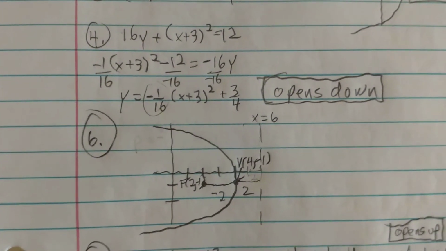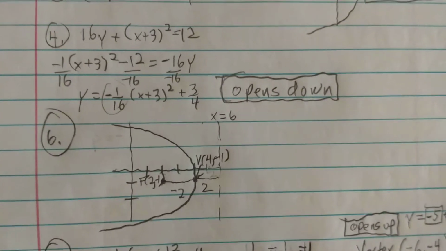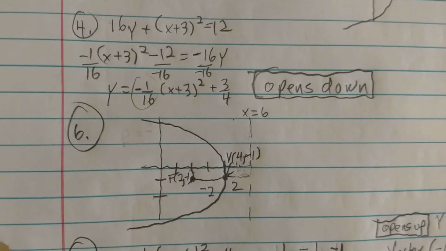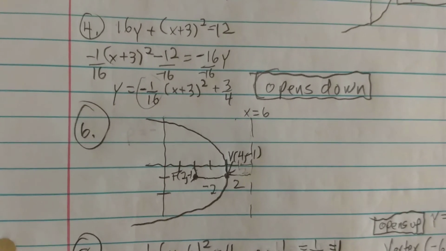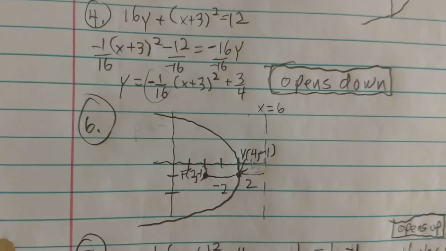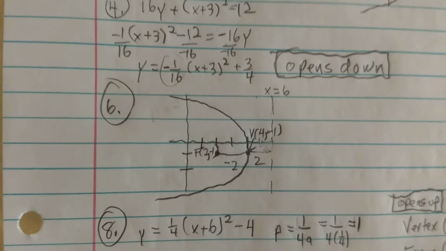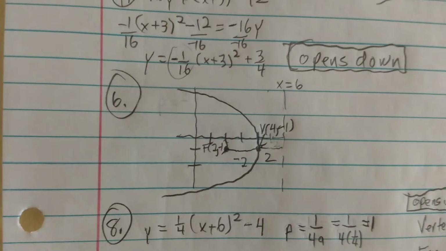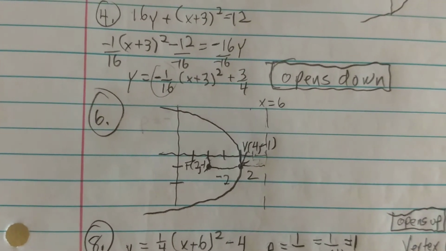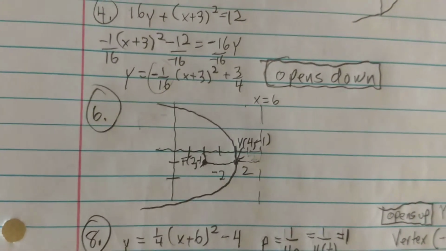Okay, for 14 we have 16y plus (x plus 3) squared equals 12. Now we subtract the 16y over and subtract the 12 over to the left. So we would have (x plus 3) squared minus 12 equals negative 16y, and then we would divide everything by negative 16 to get y equals.